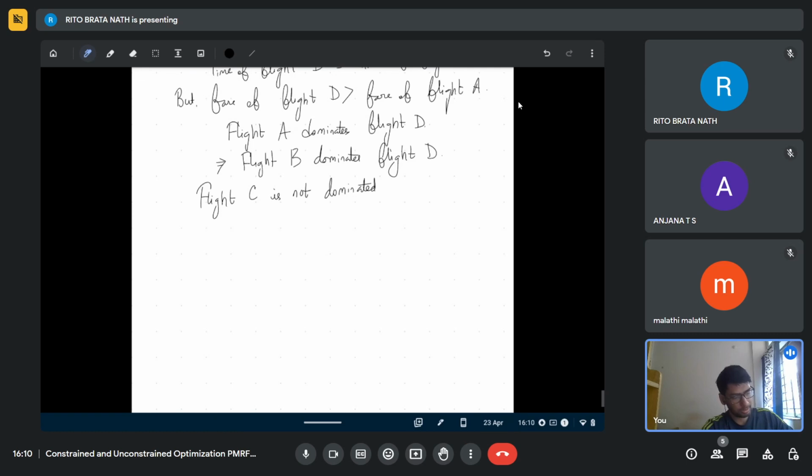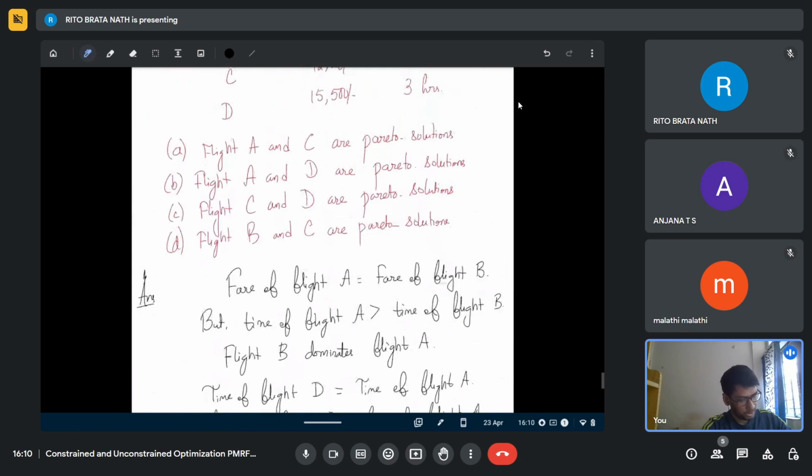The reason being is that it has the cheapest fare of any of the other flights. So that means both B and C are Pareto solutions. So therefore, flight B and C are Pareto solutions. Okay, so option D is the correct one.